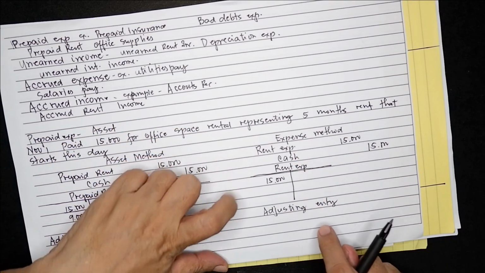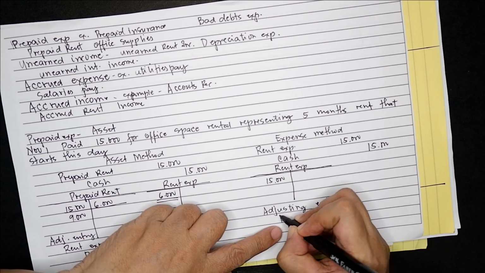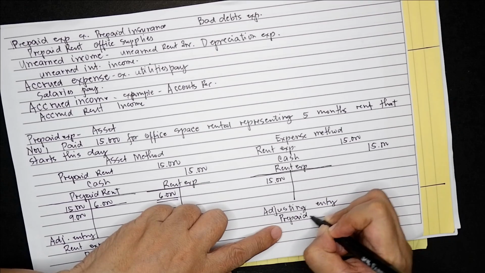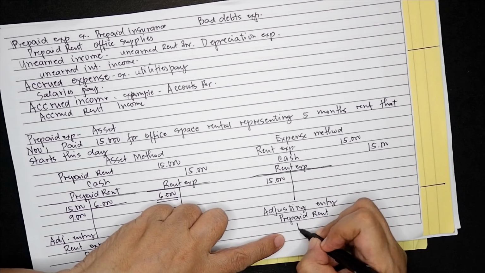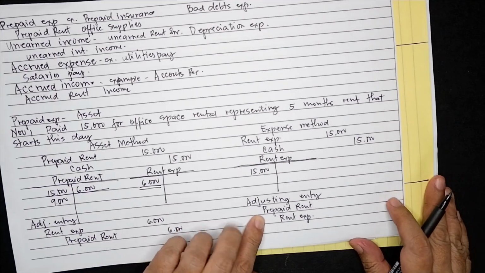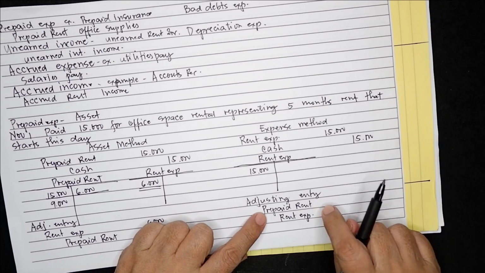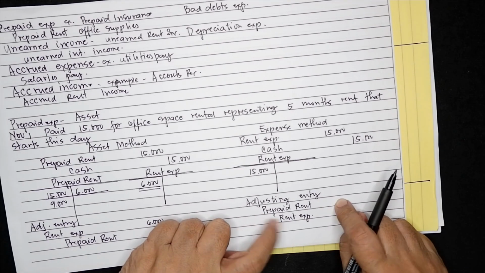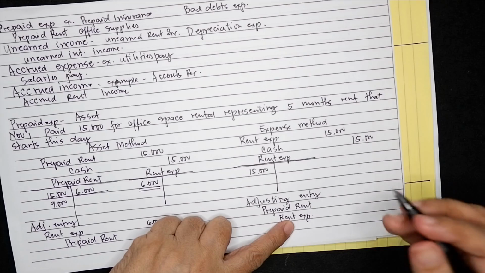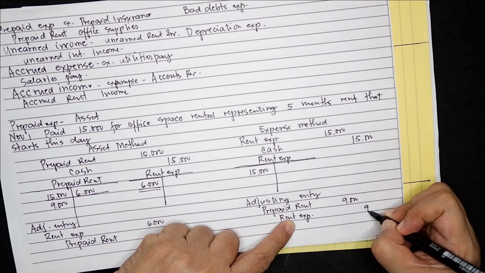So in our adjusting entry, we're going to record our asset, which is prepaid rent, and credit rent expense. So, what amount are we going to use? The asset portion, the 3 months that we haven't used yet. So, that is 9,000.